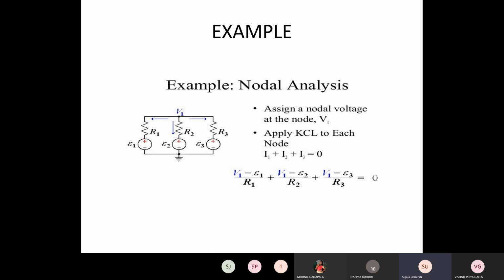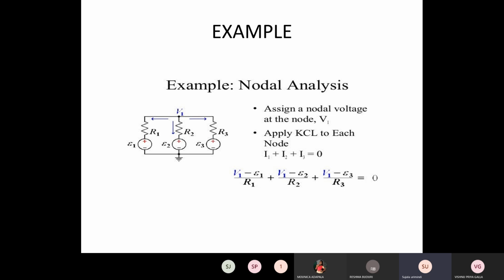But depending upon the polarities, when it goes from plus to minus, there is a minus sign. If it is the opposite sign, you take plus. This is also a voltage, so the voltage will be upward and the resistance value will be downward.